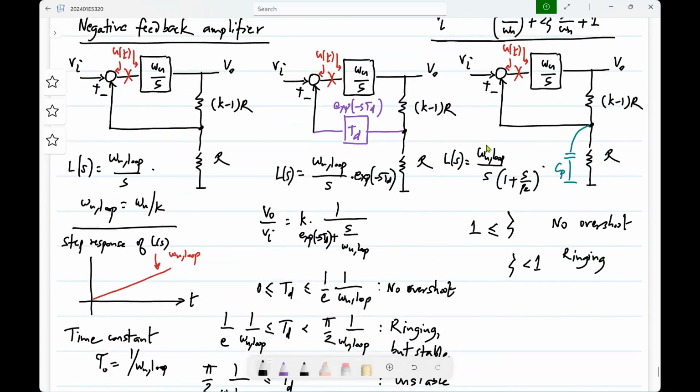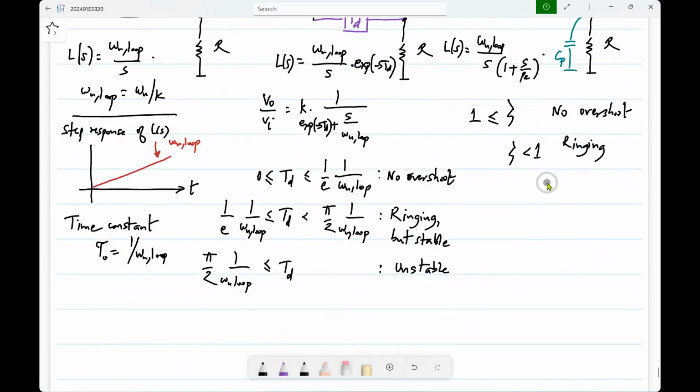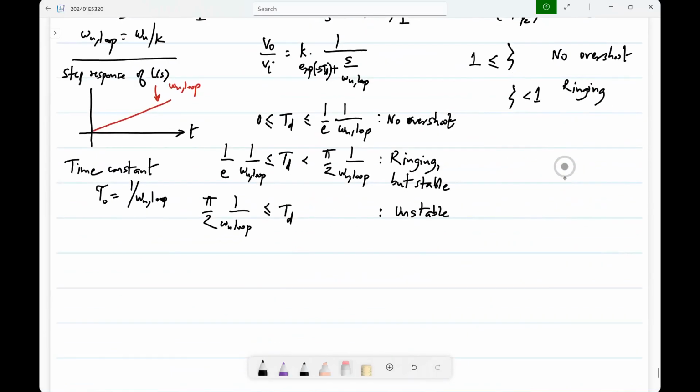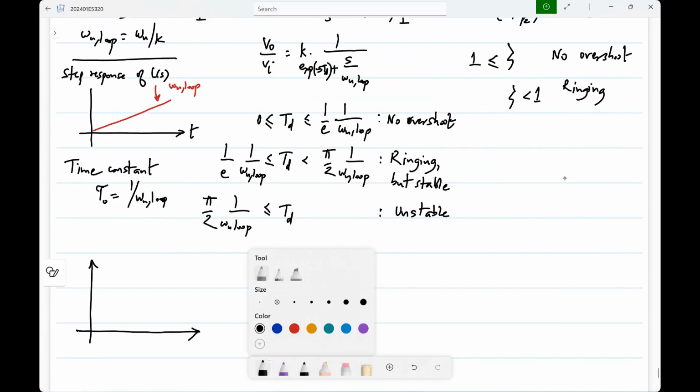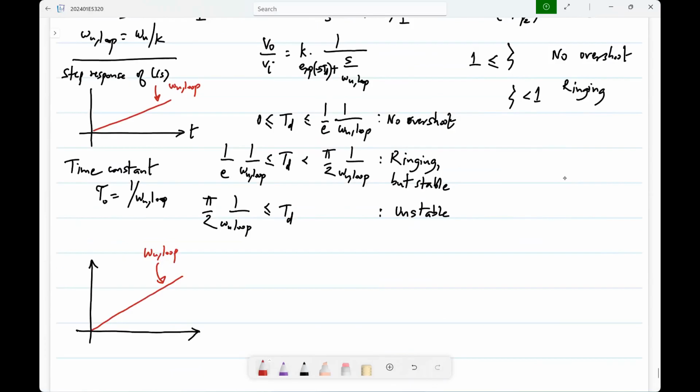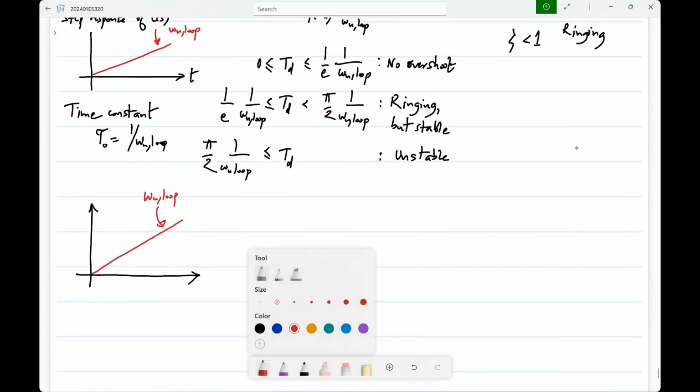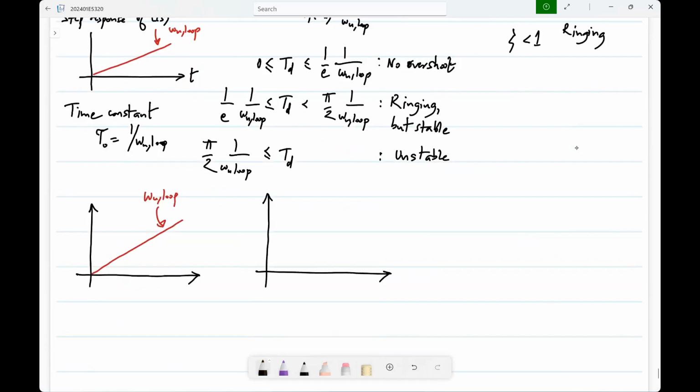Now, what is the relationship between this model with the ideal delay and this second order case that we saw yesterday through the step response of the loop gain, right? So, if you sketch the step response of the loop gain, in this case, you will see a ramp, ideal ramp, and in this case, you will see the ramp.